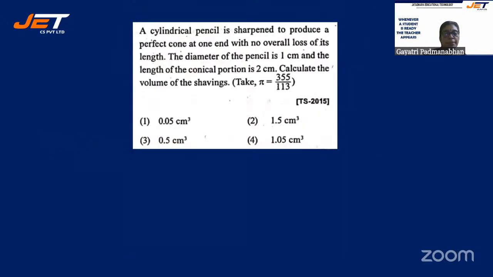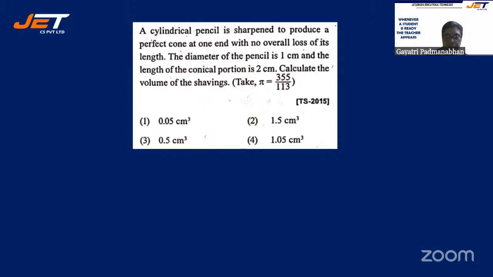A cylindrical pencil is sharpened to produce a perfect cone at one end with no overall loss of its length. The diameter of the pencil is 1 centimeter and the length of the conical portion is 2 centimeter. Calculate the volume of the shavings. They've told us to take pi as 355 by 113.